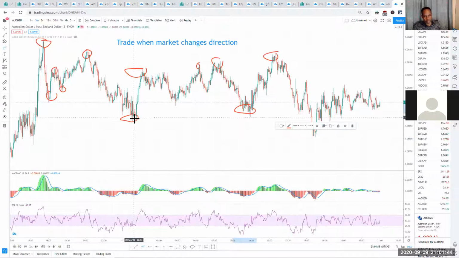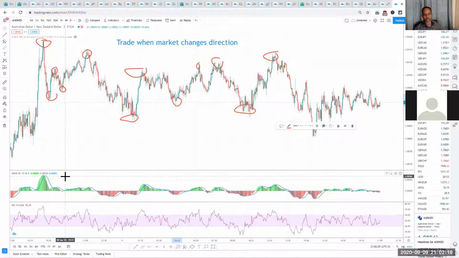Because when the market reaches here, we do a buy and we win. When the market reaches here, we do a put and we win. When the market reaches here, we do a buy and we win, and so on and so forth. So we need to know when the market is turning. So how do we know that? All right. And I want now people to type in on the chat, how do we know when the market is turning? All right. So tell me.